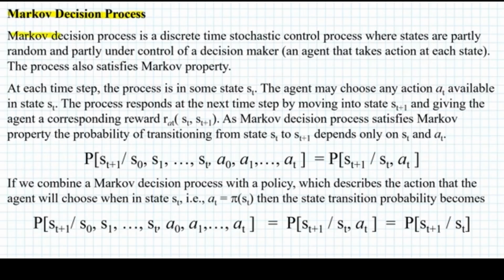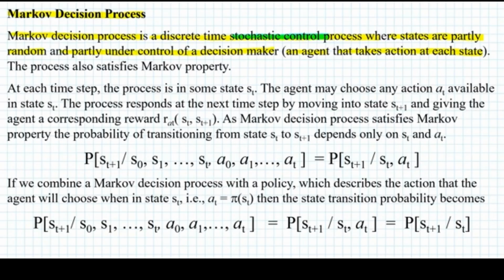So Markov decision process is a discrete time stochastic control process where the states are partly random and partly under the control of a decision maker, and the decision maker is an agent that takes action at each state, and the process will transition into a new state whose transition probability will depend on the action taken by the agent.